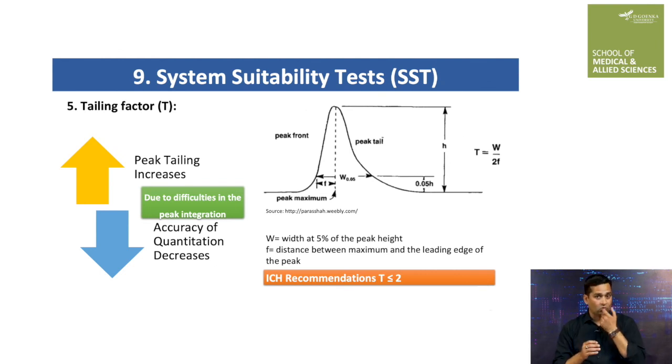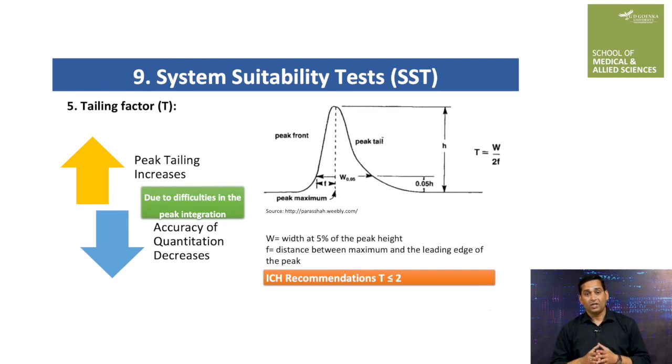Tailing factor, T, is another system suitability test for HPLC. Tailing factor accounts for tailing in a HPLC peak. It is very well understood that tailing of an HPLC peak poses difficulty in peak integration, hence an increase in the peak tailing will reduce the accuracy in quantitation of analyte.